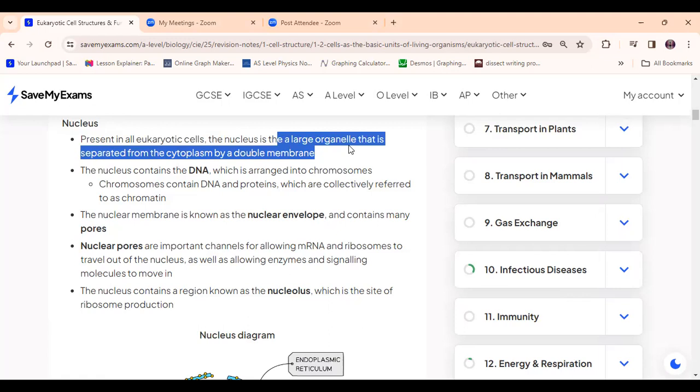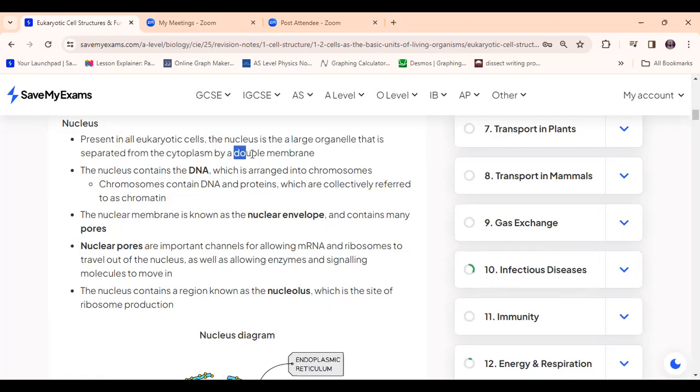It's a large organelle that is separated from the cytoplasm. It has a double membrane, and it contains the DNA, which is arranged into chromosomes. Chromosomes contain DNA and proteins, which are collectively referred to as chromatin.